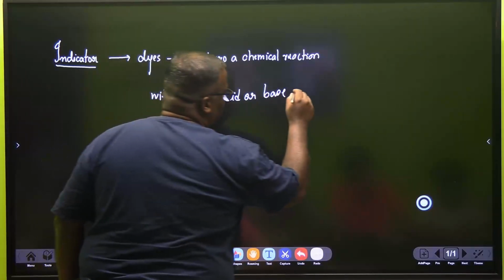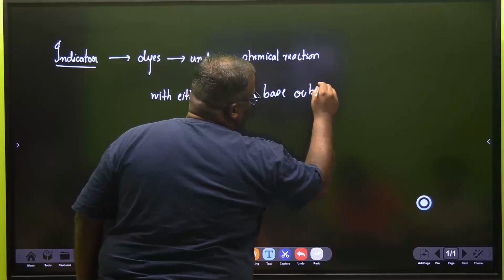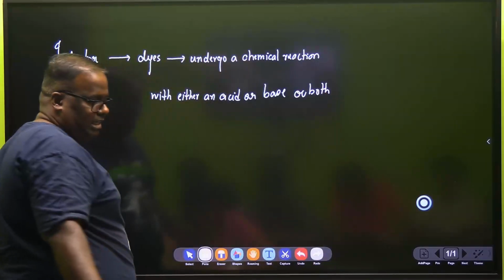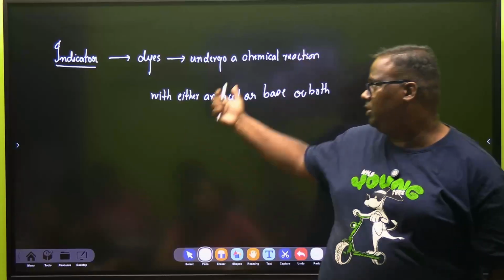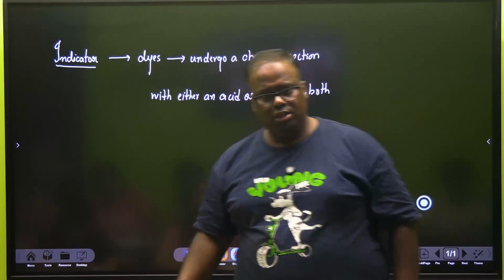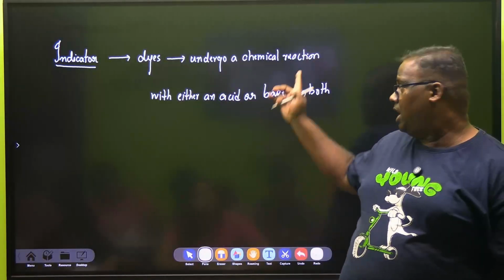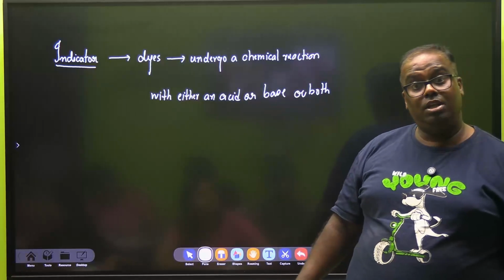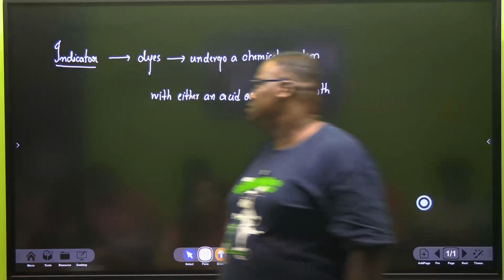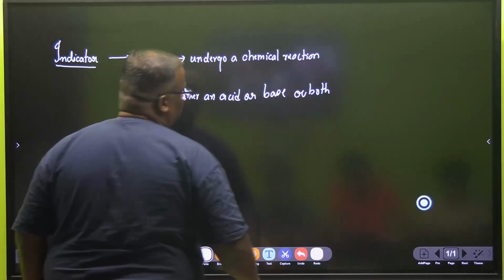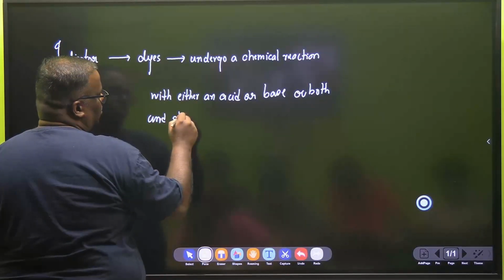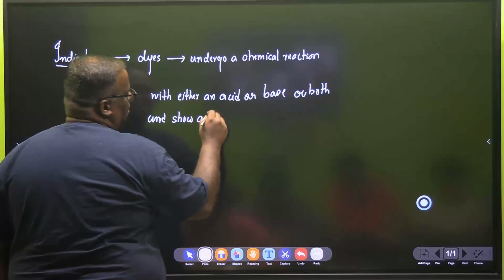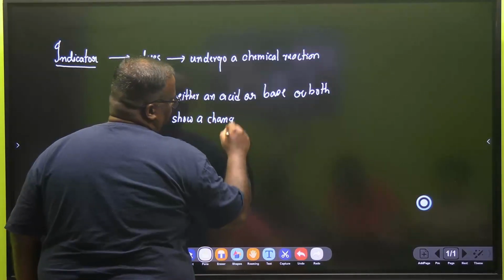Acid or base or both. So what I'm trying to say here, an indicator is a dye. Let's say dye A. Dye A may react with acid, or it may show no reaction with acid but react with base, or it may react with both. Okay, so either with an acid or a base or both, and show a change in color.